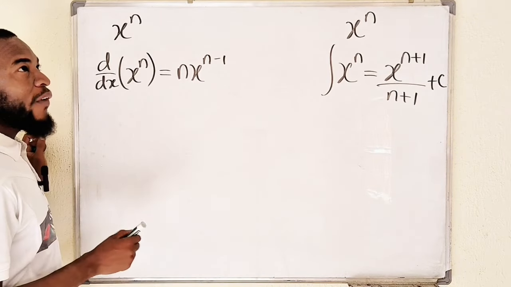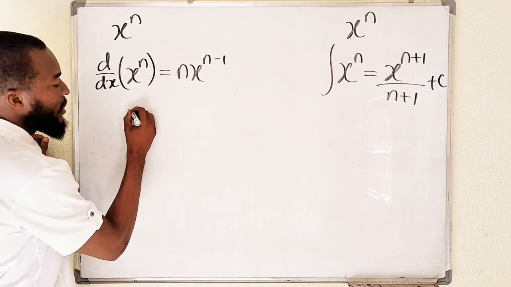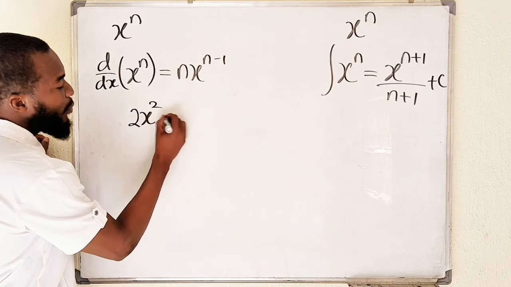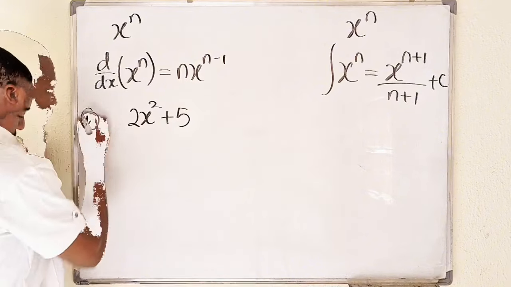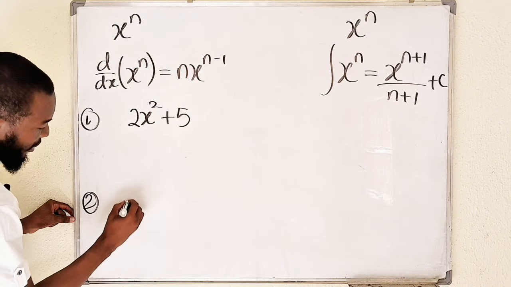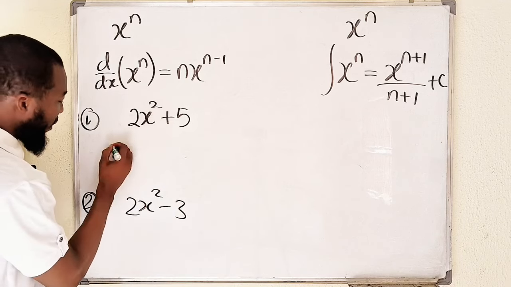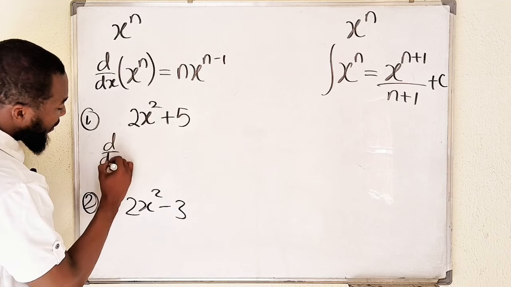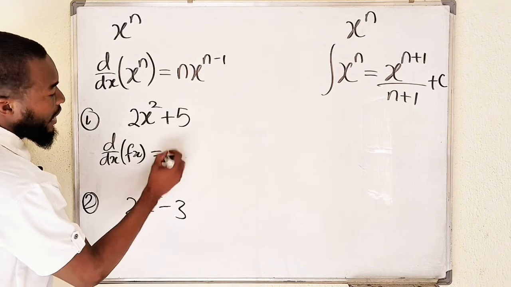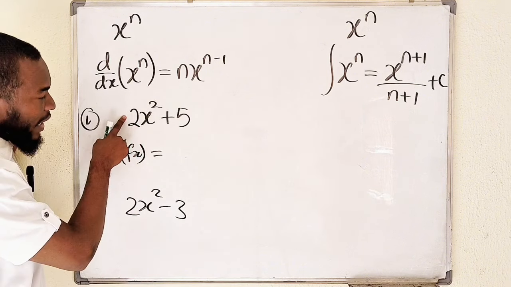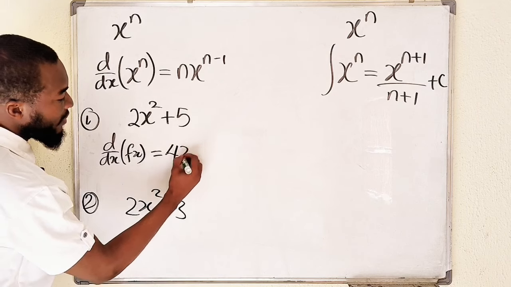Let's assume we have a function like 2x squared plus 5. Let me bring 2x squared minus 3 here, right? If you differentiate this, d over dx of that function f of x, this 2 will drop down to multiply 2, we have 4, minus 1, you have just x here.